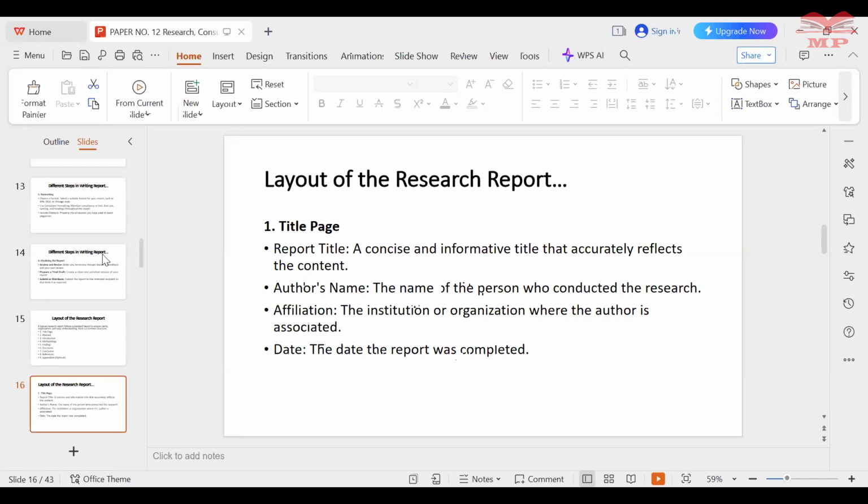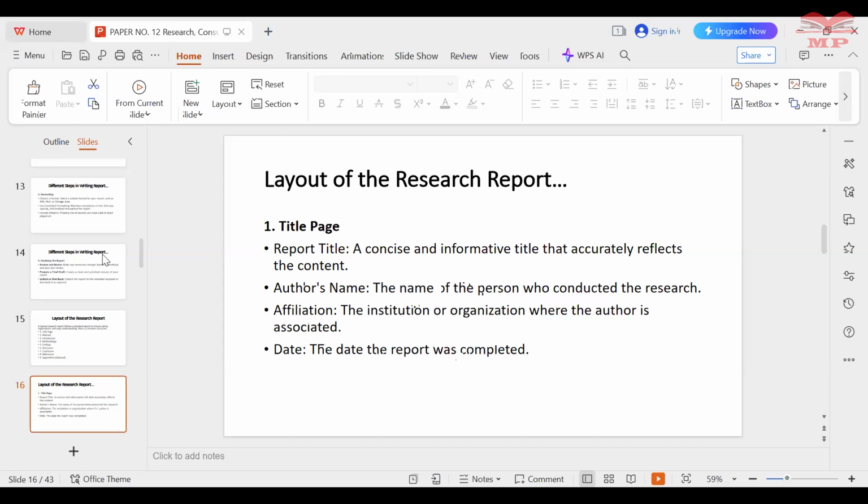It's important to ensure that the title of a report should, as much as possible, endeavor to be informative to ensure that it accurately reflects the content of what is contained in that particular research.